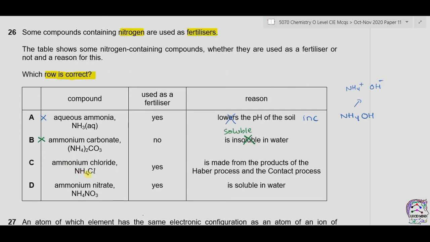C. Ammonium chloride. Ammonium chloride is used as a fertilizer and the reason is that it is made from the products of Haber's process, which is ammonia, and contact process, which is H2SO4. Now ammonia and H2SO4 can react together to form ammonium sulfate.